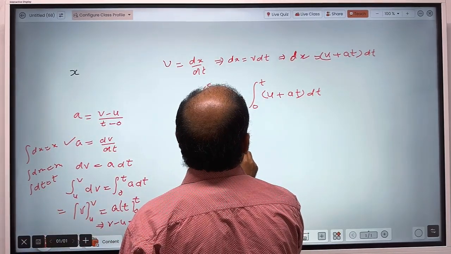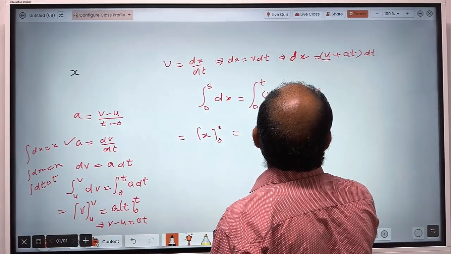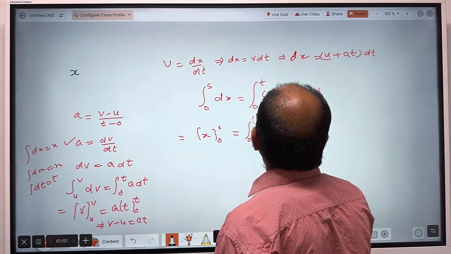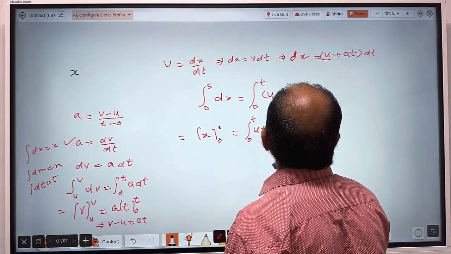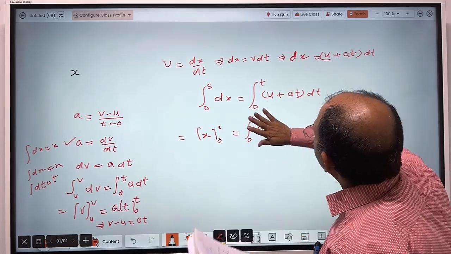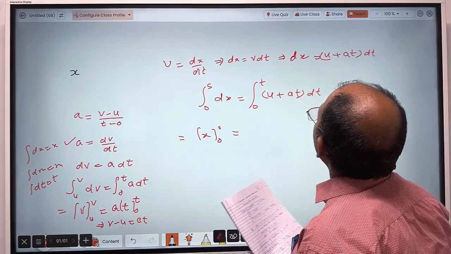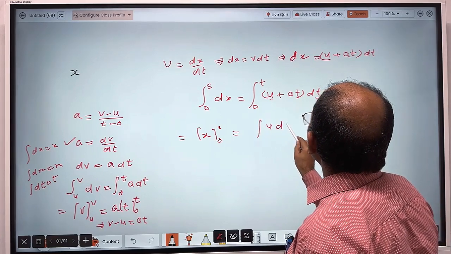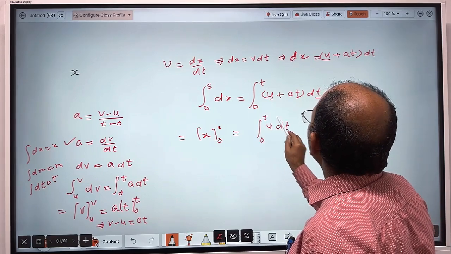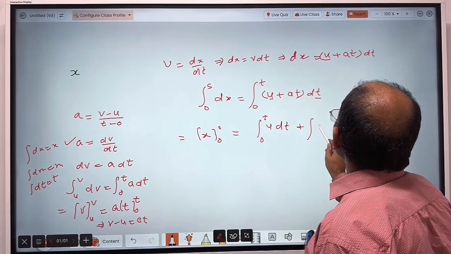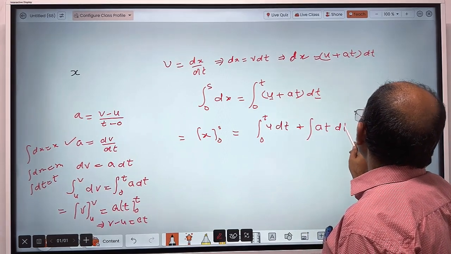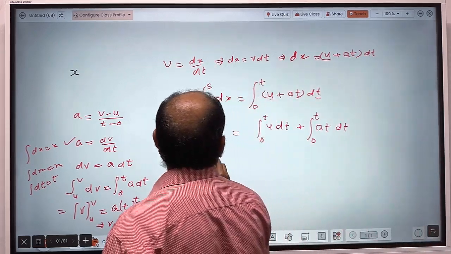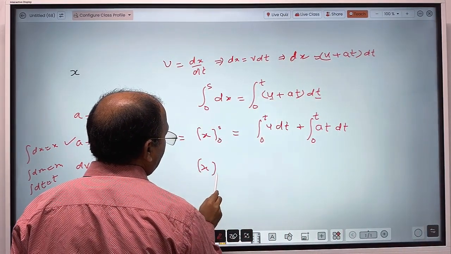I have broken the integration into two parts: integration u dt, limits 0 to t, plus integration at dt, limits 0 to t. All right. So here this is x, limits 0 to s.